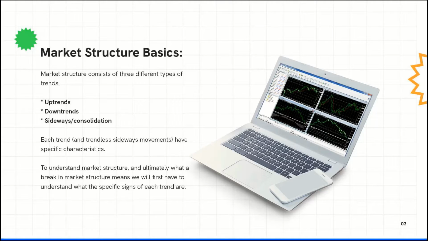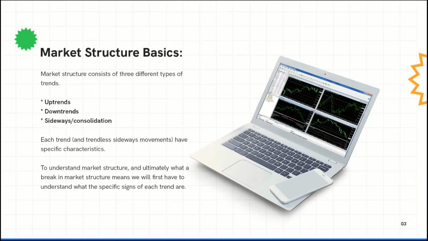Each trend, and even the trendless sideways movements, have specific characteristics. To understand market structure and ultimately what a break in market structure means, you need to first understand the specific signs of each trend.